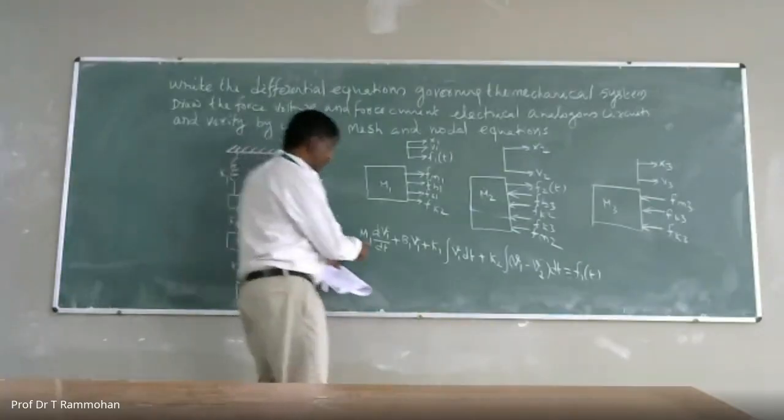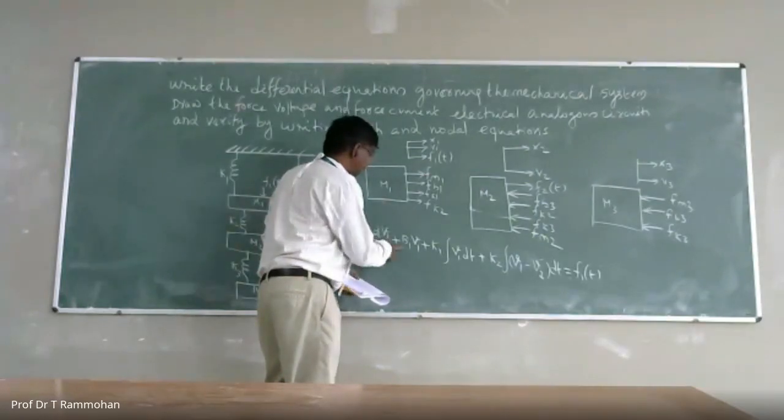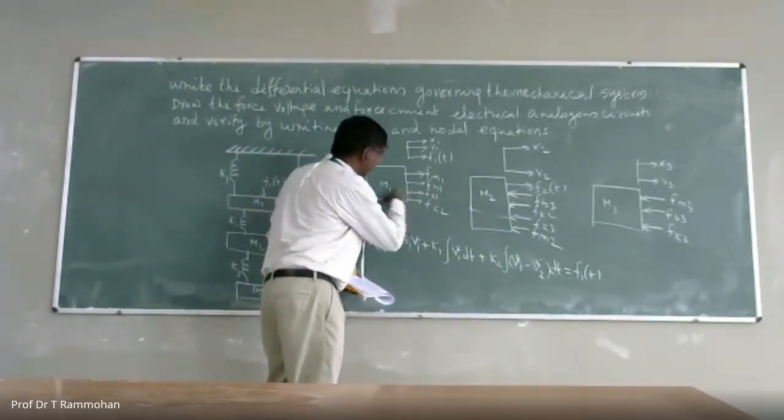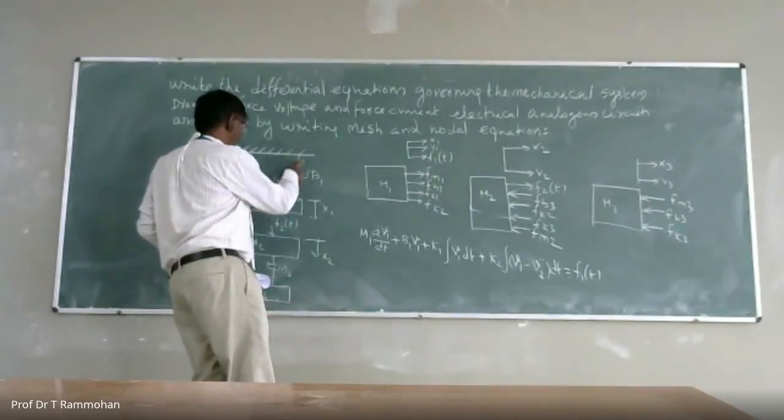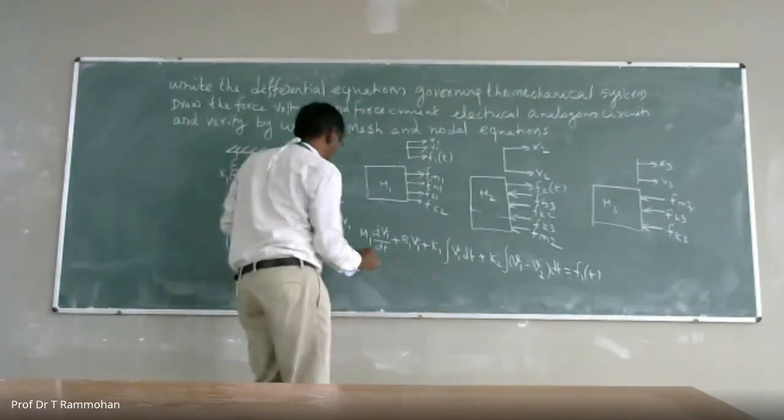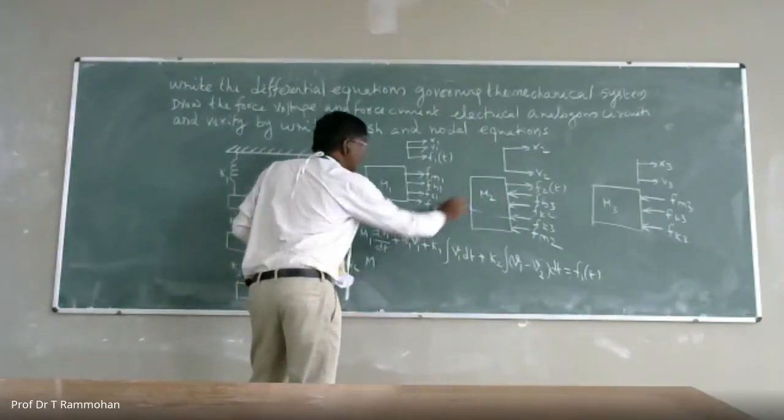So M1 dV1 by dt, B1 V1, K1 into integral V1 dt, K1 into integral V1 dt. Okay, here V2. And here you have X3, V3. So this is your first equation. And the second equation is for this.